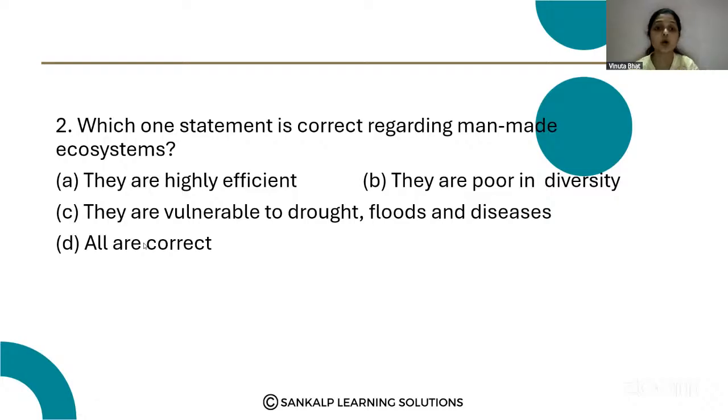So the correct answer is they are poor in diversity. Option B, because in that ecosystem very few species can be identified. Option B is the correct answer.